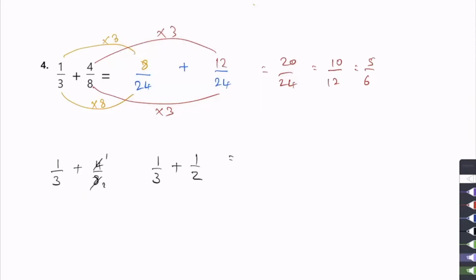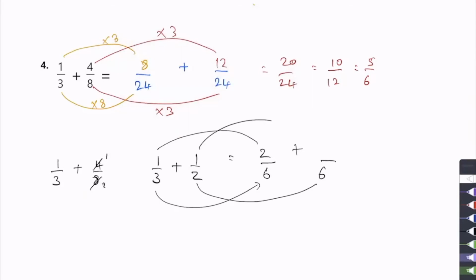You can now do the same method, and you can say, well, the common denominator in this case is going to be 6, because 3 times 2 is 6. And you can say 3's into 6 go 2. So 1 times 2 is 2. And 2 times 3 is 6. And 1 times 3 is 3. And the answer is 5/6.